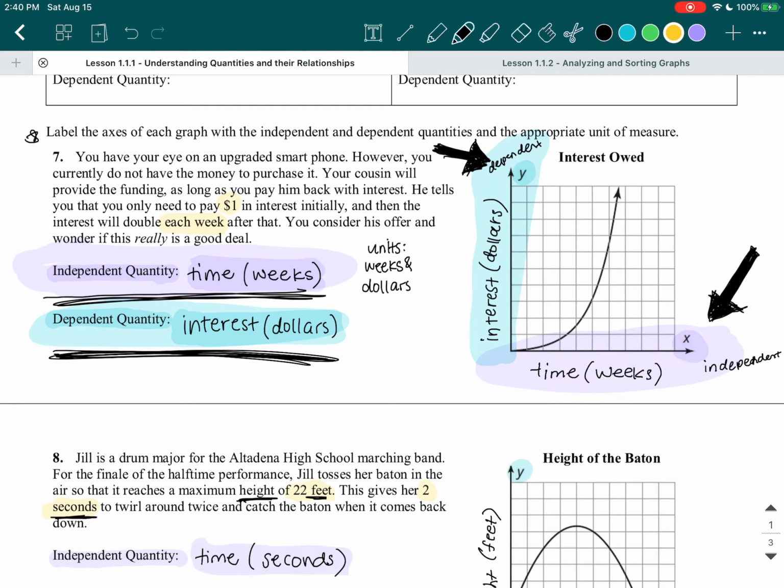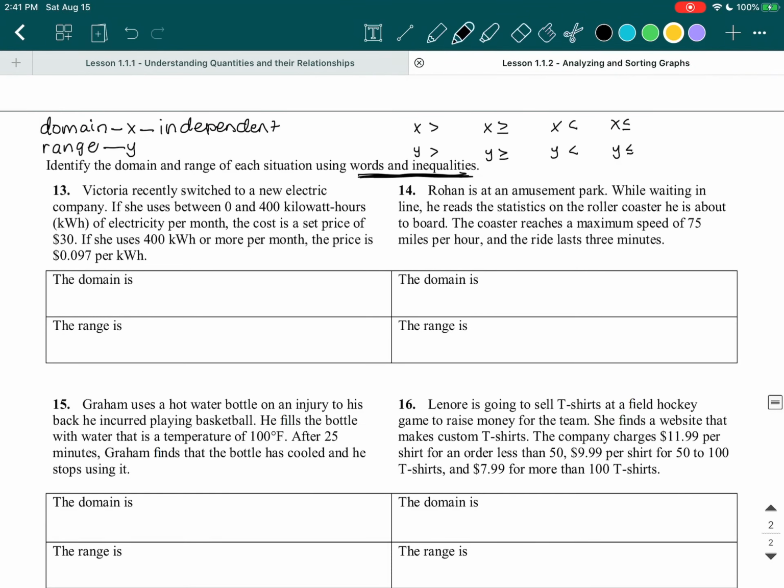Okay, so let's write that down on our current worksheet. Dependent, y-axis, range, y, dependent. Okay, so now that we know the connections between all these ideas, we can figure out what our independent and dependent quantities are, and that will help us find our domain and range.